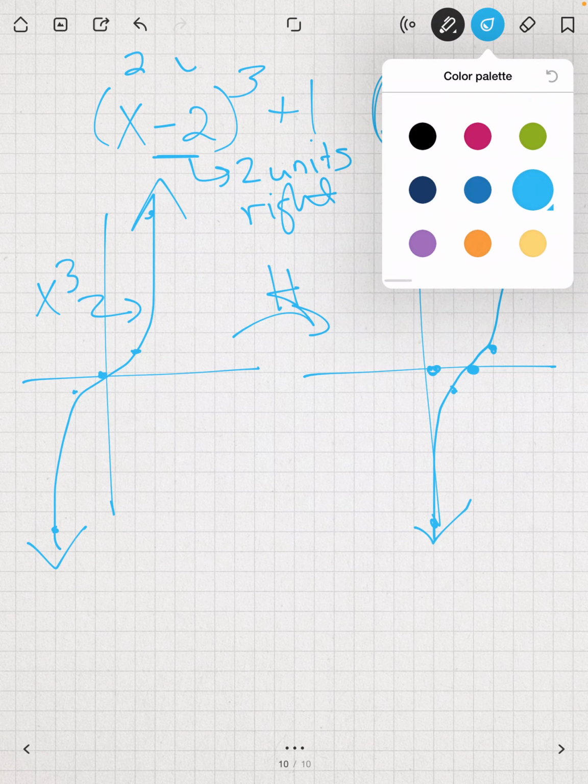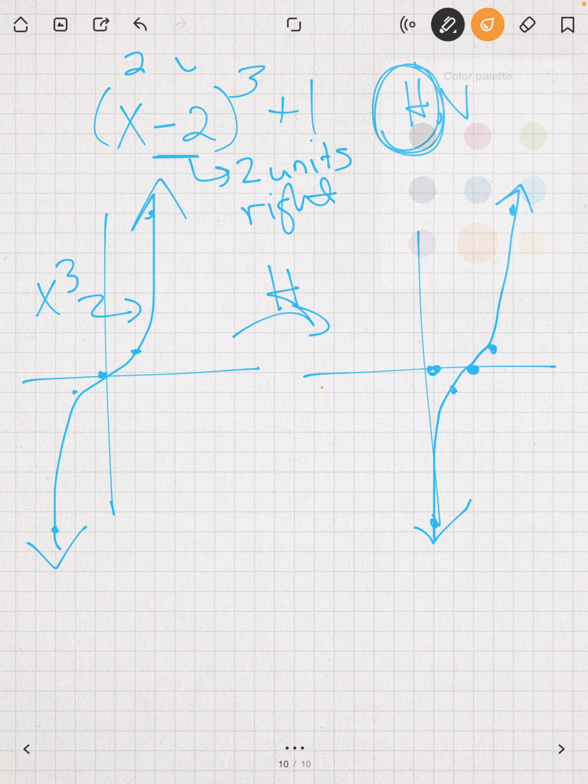And then I'm going to go ahead and write my H and V. Vertical shift plus 1, so every unit gets moved 1 up. And we get something that looks like that.